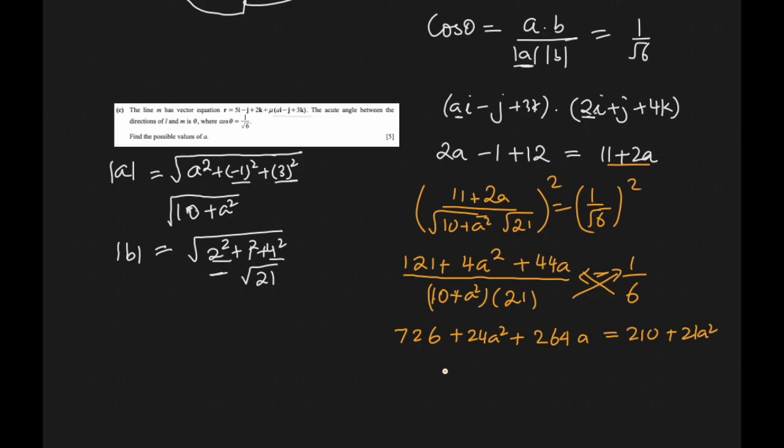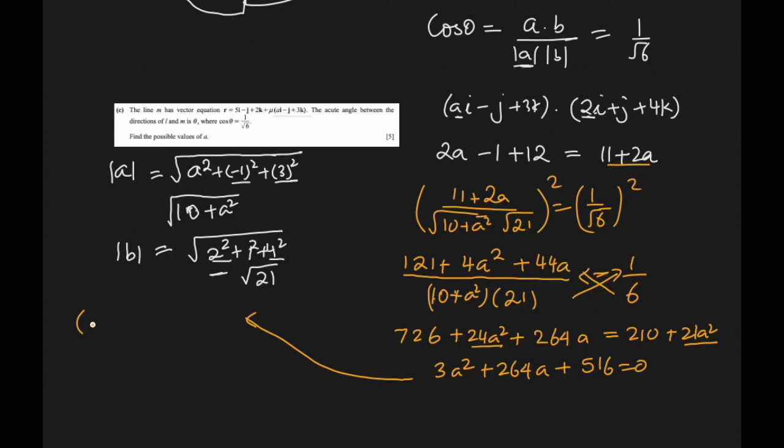Let's bring everything to the left side. So it becomes 24 a squared minus 21 a squared, 3 a squared, plus 264 a plus 516 equal to 0.